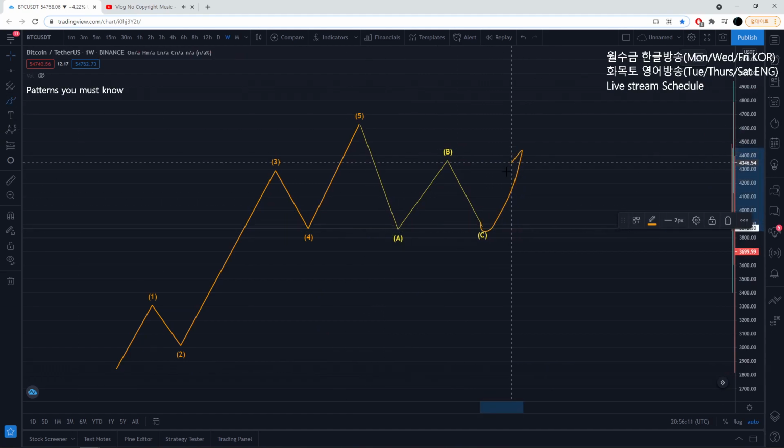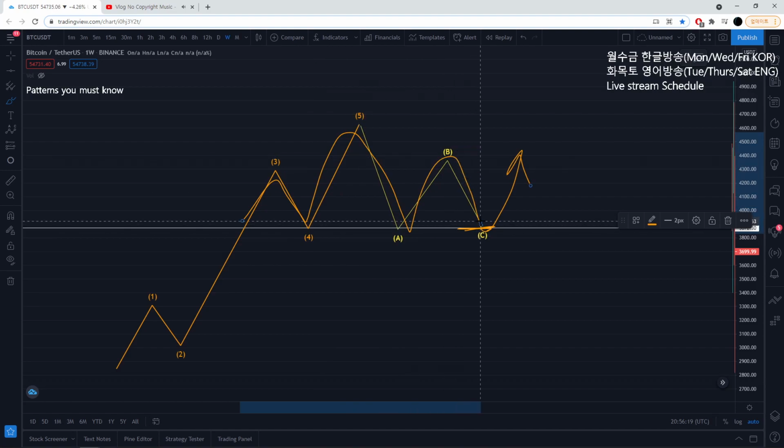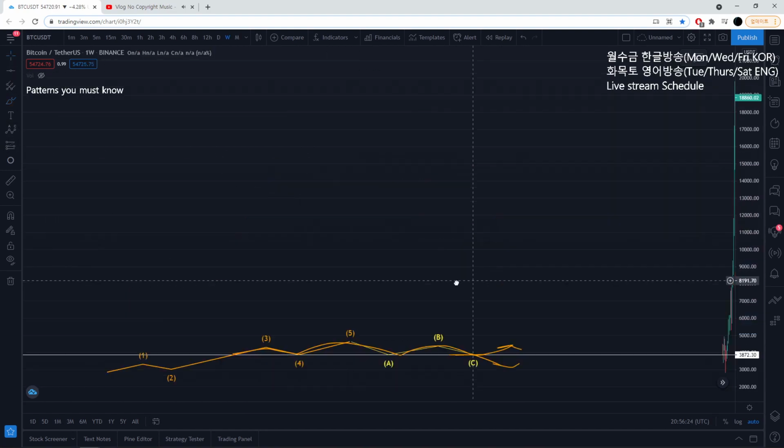That means it might go up here and get supported in this zone once again. So just because you see a head and shoulder does not mean it's gonna fall. Make sure you know where you are at currently.